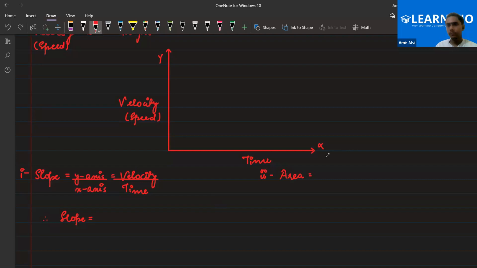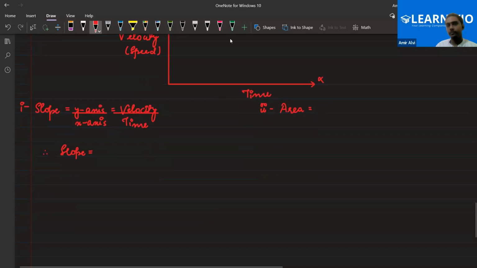Sir, acceleration. Acceleration. Sarah, do you know what is velocity by time? Okay, Farhan, you were right. Acceleration.